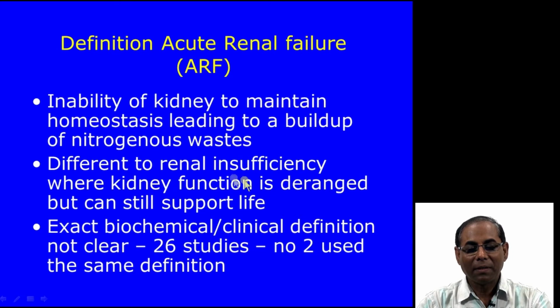This may be different from renal insufficiency, where kidney function is deranged but can still support life. So, there may be partial failure where biochemical or clinical parameters are not much deranged, but still there may be abnormality in the renal function. And the exact biochemical clinical definition is not clear that way.